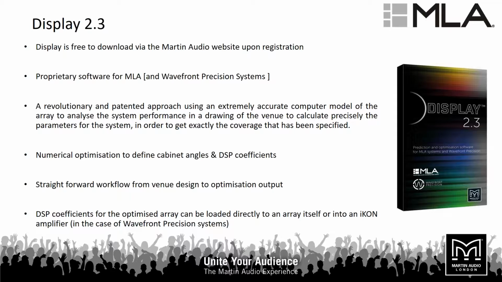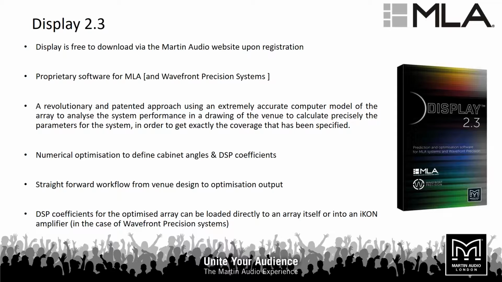This software can optimize numerically, as in mathematical and electronic optimization, and it also offers you, extremely importantly, mechanical optimization, which is optimizing the display angles between the cabinets to give you the optimum acoustical output straight off the get-go. It's really easy software to use.